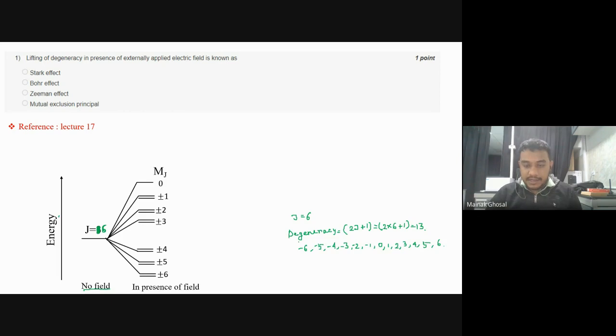So you can count here that I have written 13 states: minus 6, minus 5, minus 4, minus 3, minus 2, minus 1, 0, 1, 2, 3, 4, 5, 6. Total 13 states are there.